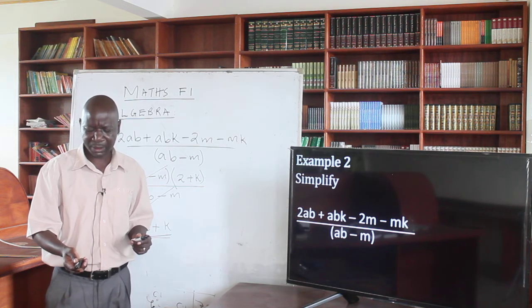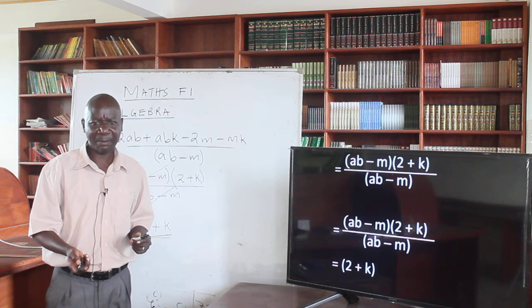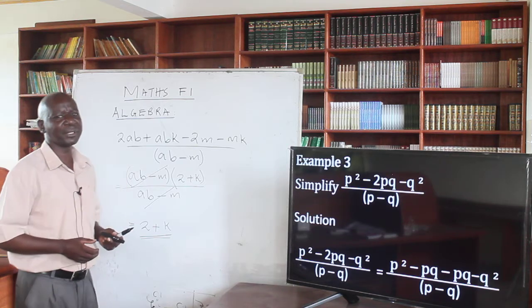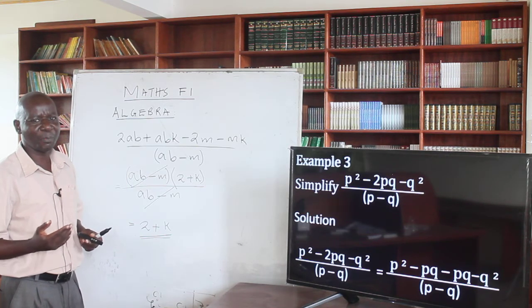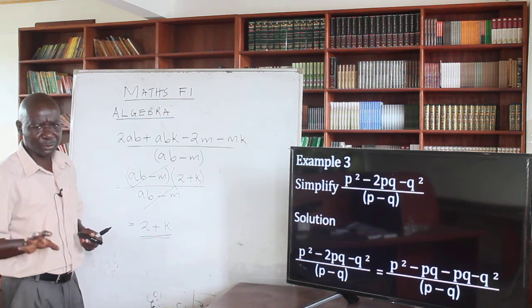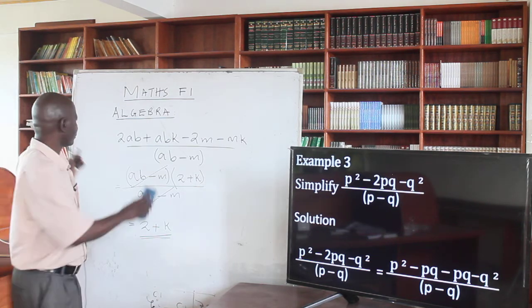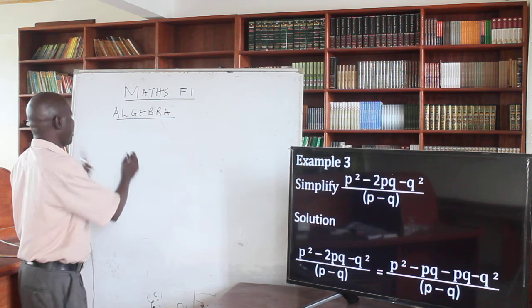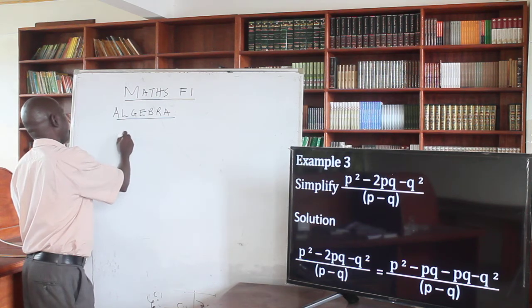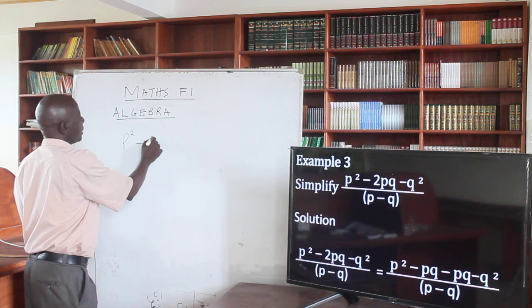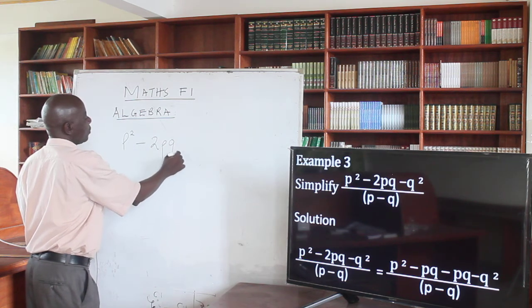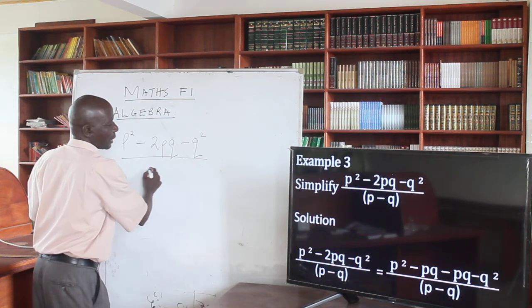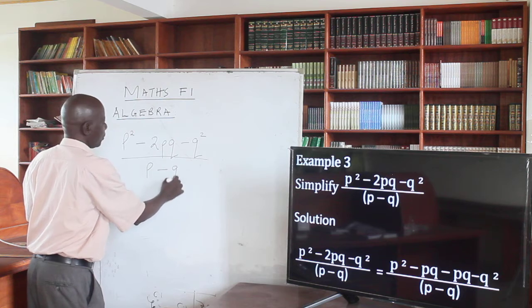What about if we have this other example down here, example 3, where you have P squared minus 2PQ minus Q squared, and we need to divide that by P minus Q. This is P squared minus 2PQ minus Q squared. Then we are dividing this by P minus Q.